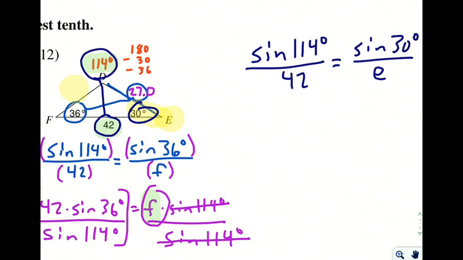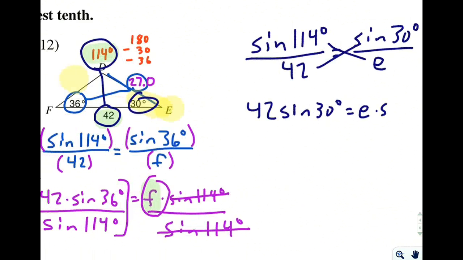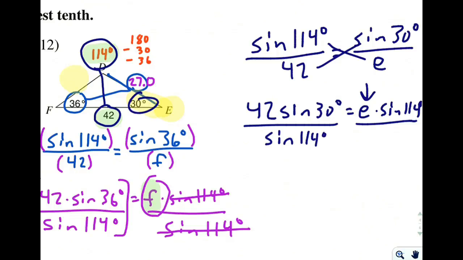So side E. We cross multiply here, and we get 42 sine 30 is equal to E times sine of 114 degrees. We want to get E alone, so we divide both sides by sine of 114. And doing that will cancel those out on the right side, leaving just E.